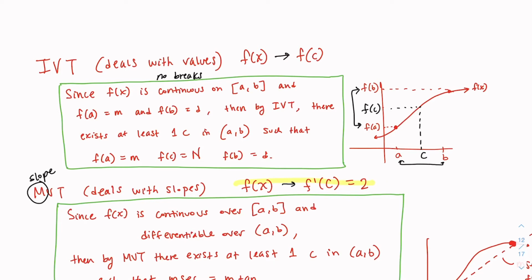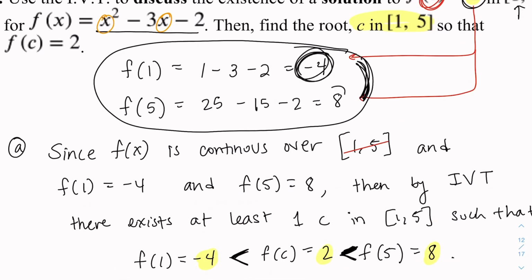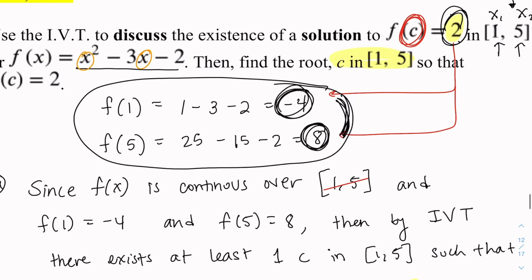So it's imperative that you check that this y value, in the problem above, they gave us 2, and we checked that it was indeed between f of b and f of a. That's why we did this step. We had to find the y values ourselves and check that 2 was in between them.